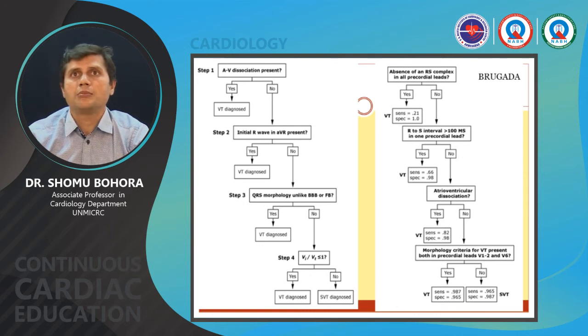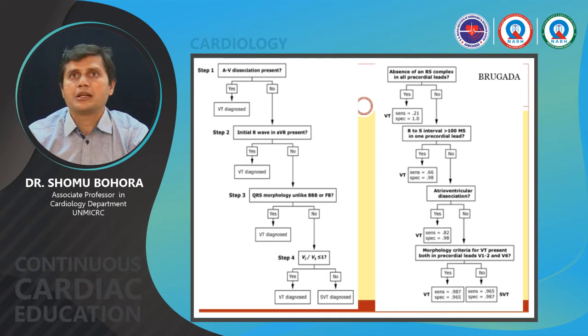This is primarily based on the fact that if it is aberrancy through a bundle branch, the initial part is always fast. In a ventricular tachycardia which arises from the myocardium, the initial part will be slow and the later half will be faster, and therefore the initial slur, if it is present, ventricular tachycardia is more likely.